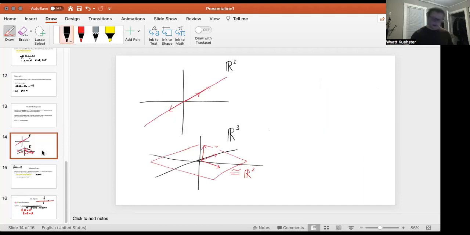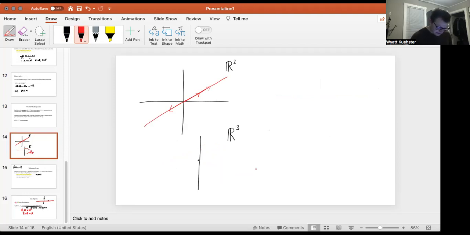But I do have the one-dimensional vector subspaces. And those are going to be kind of stupid subalgebras because there's no multiplication. The cross product of a vector with a parallel vector is 0.